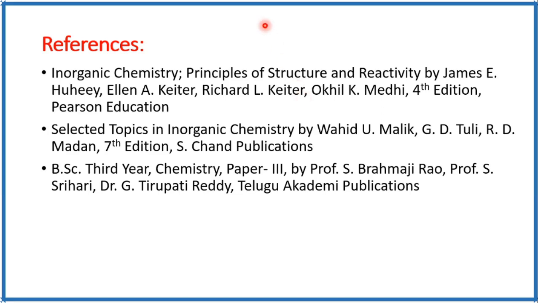So far we have discussed what substitution reactions are, what SN1 reactions and SN2 reactions are, how ligand substitution reactions take place in octahedral complexes, why SN1 reactions proceed by a dissociative mechanism, why SN2 reactions proceed by an associative mechanism, and what the solvent path and displacement path reactions are in the ligand substitution reactions of square planar complexes. These are the topics we have covered, and these are some of the reference books where you will find more information about these topics.